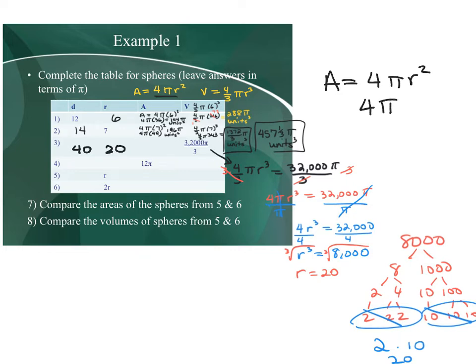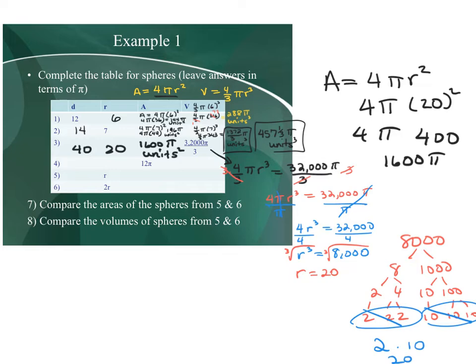Now that I know the radius is 20, I can square it, get 400, multiply 4 times 400, get 1600 pi. So the area is 1,600 pi units squared. That one was a little lengthy because we had to work backwards.